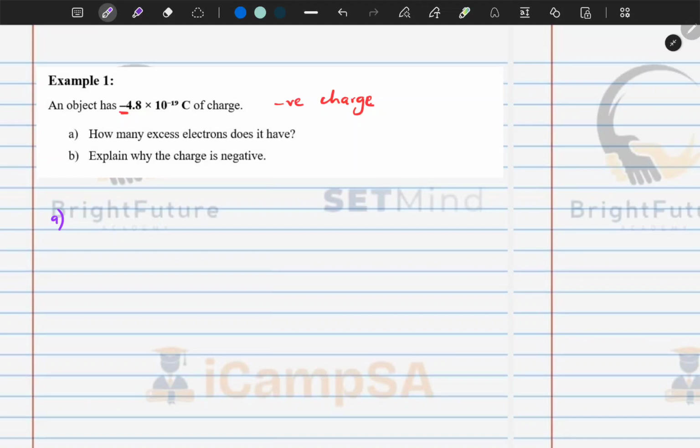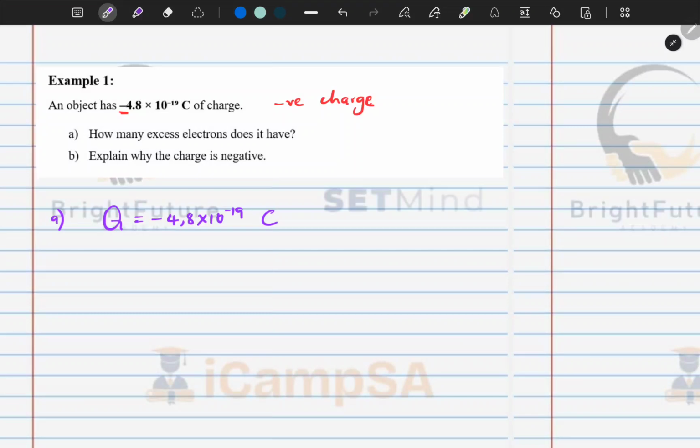The charge we're given is Q of an object, which could be a sphere, usually it's a sphere, it could be anything else, in coulombs.